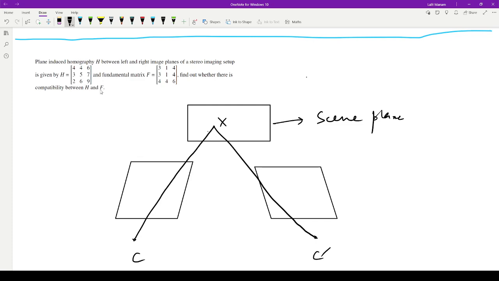So what's the question actually? We are given plane induced homography H between the left and right images of a stereo set. Stereo means we have two cameras as usual. So we are given H and F. Find out whether they are compatible or not. How do you do that?